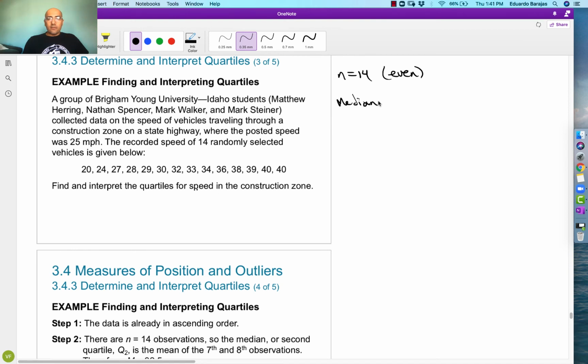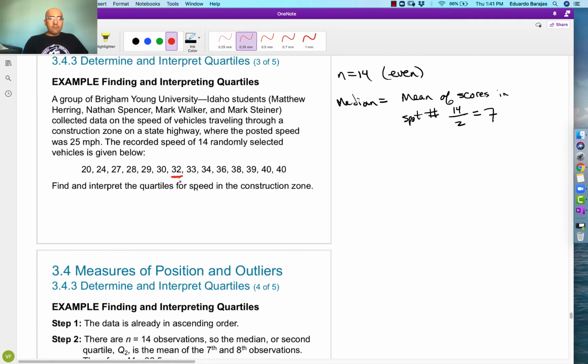So the rule says that the median in this case is going to be equal to the mean of the scores in spot number 14 divided by 2, which is 7. So the 7th spot: 1, 2, 3, 4, 5, 6, 7.